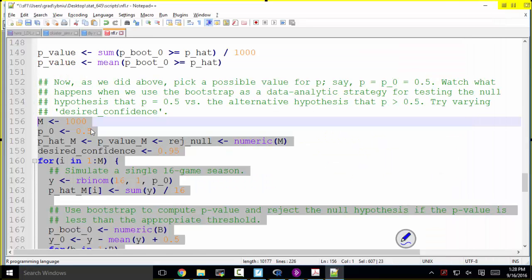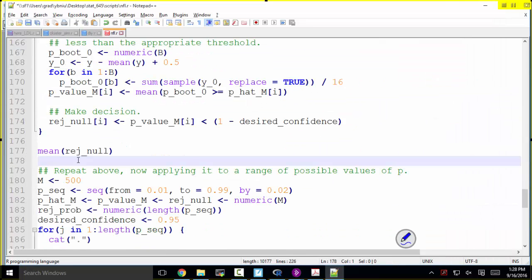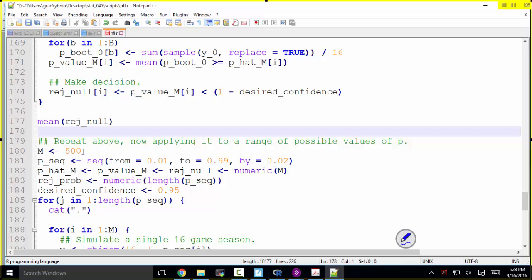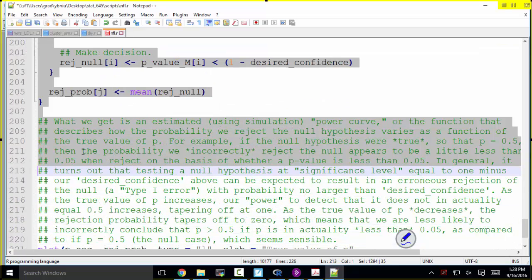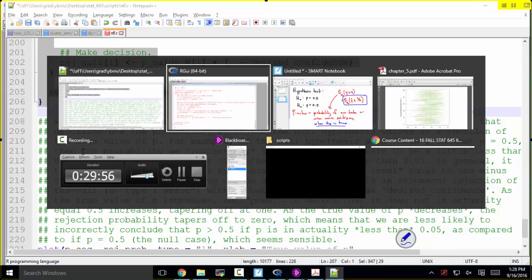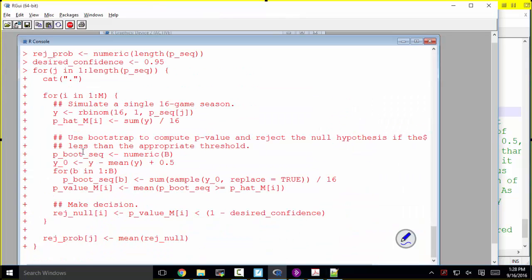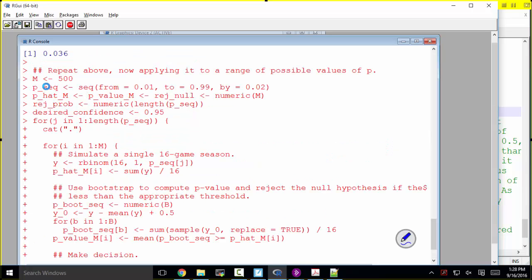Let me make this last picture and we'll be done. What I'm going to do now is, instead of simulating when p is 0.5, let's simulate for a variety of p values. Let me go ahead and run this because it's going to take a minute probably. This simulation is repeating what we just did, but instead of letting p be a single number, see this p-seq?